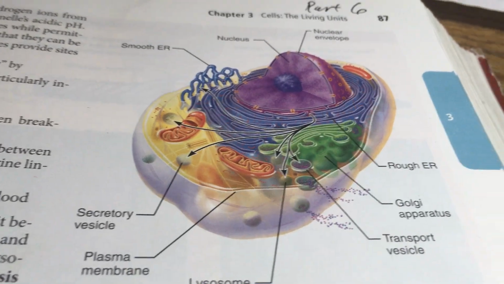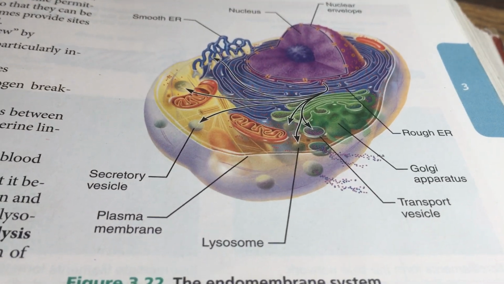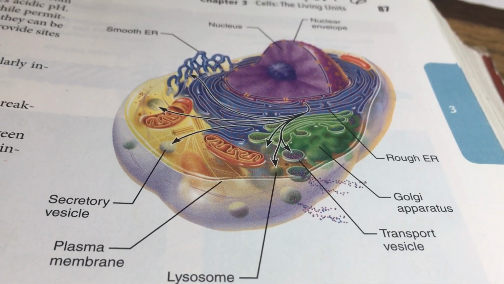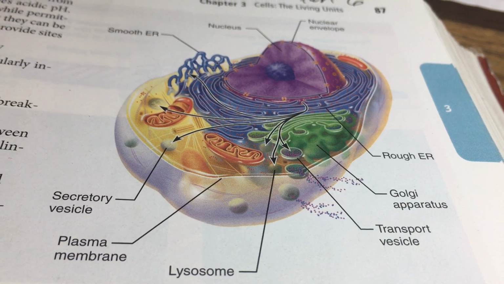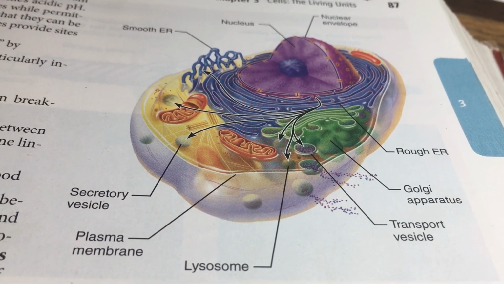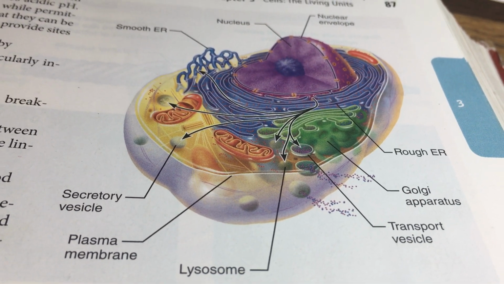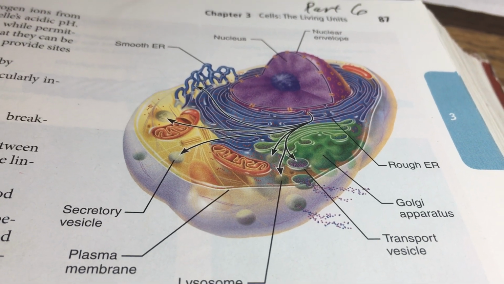Now, one of the deals that you can imagine is that the cell can adjust its receptors. It can adjust its concentration and number of receptors per unit area.